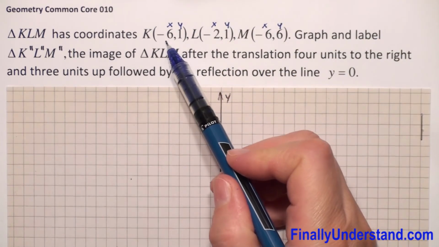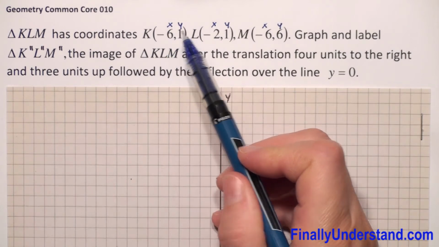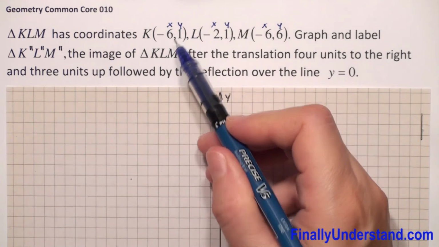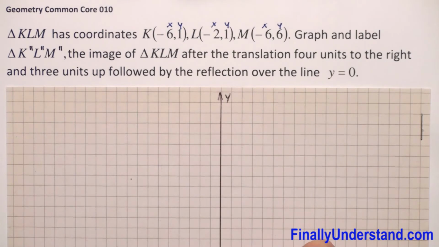So we have to find negative 6 on the x-axis and 1 on the y. On the x-axis, negative 1, 2, 3, 4, 5, 6. This is negative 6, and we go 1 unit up because y equals 1 is here. So this is our point K.